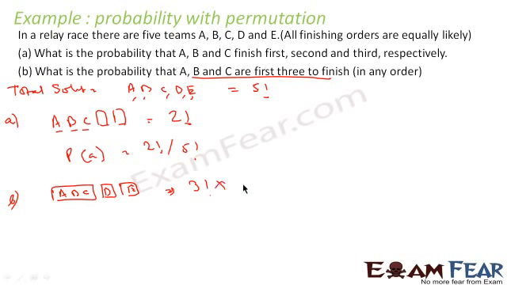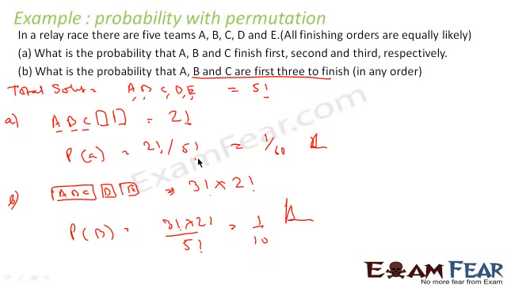Also D and E we can arrange in 2 permutation ways. So the total favorable outcome is 3 permutation into 2 permutation. So the probability in case B will be 3 permutation into 2 permutation divided by 5 permutation. And this comes out to be 1 by 10. And if you solve the first one, it comes out to be 1 by 60.